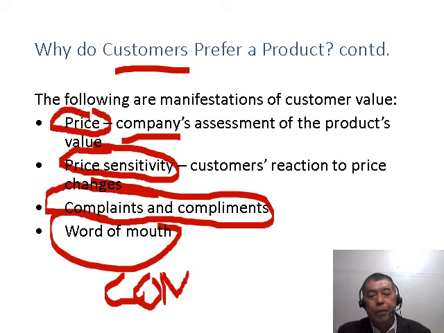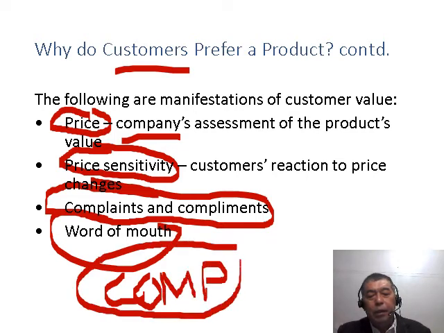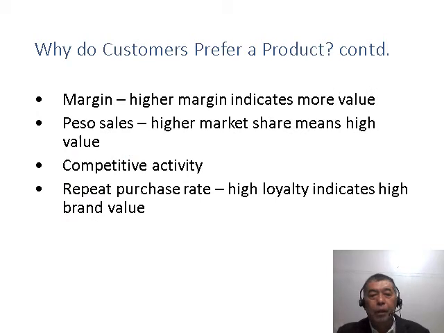Especially the word of mouth nowadays, in social media, information is very quick. You can see the likes, the dislikes, the reviews and comments coming from the social media users. Okay. Another one is the margin. Higher margin indicates more value, meaning the profit margin.